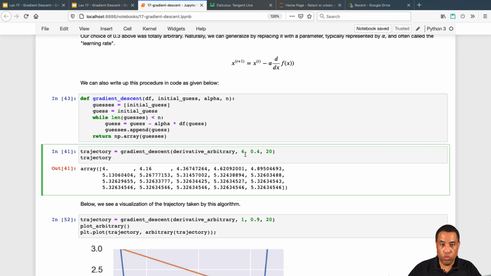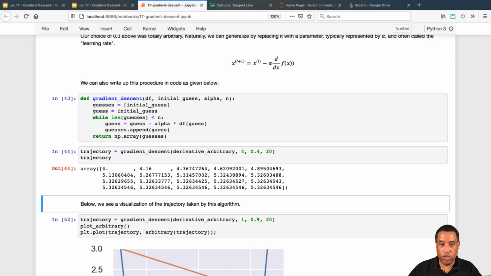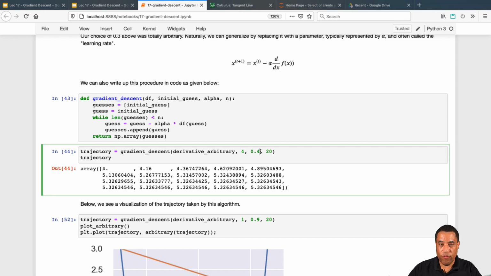Here we'll start with an initial value of 4. We'll try an alpha of 0.4, and we'll go for 20 iterations. As you can see, we converge pretty quickly. All right, what would happen if instead we use 0.3?